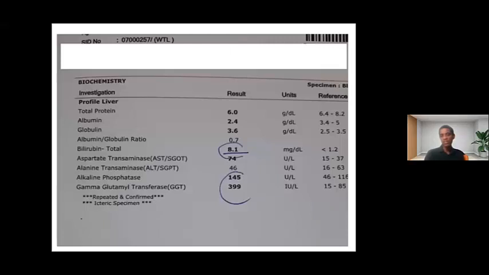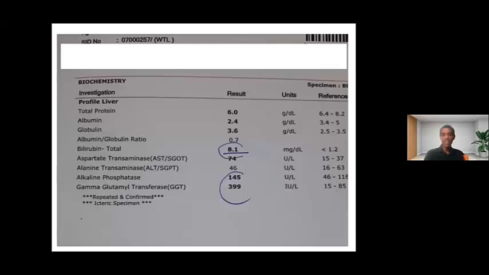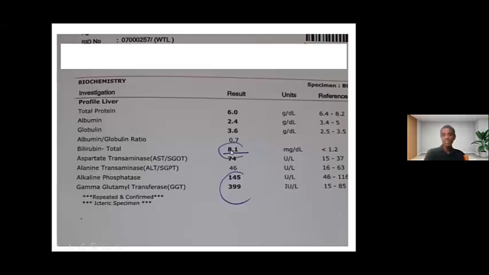High ALP and gamma GT. Very good, that is a striking feature. Any other things? Bilirubin is increased, it's very high, isn't it? 8 times the normal limit.